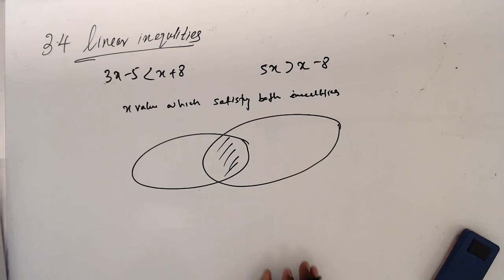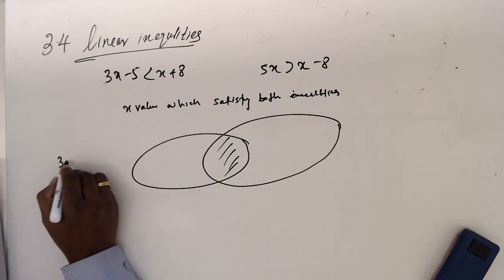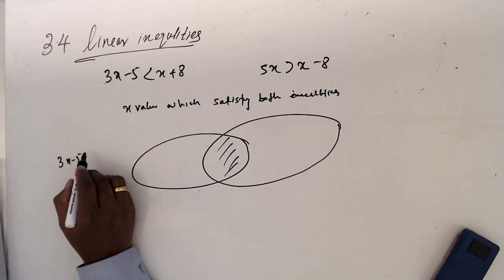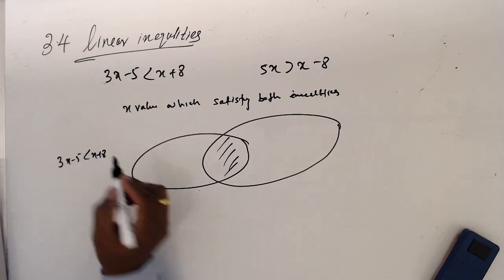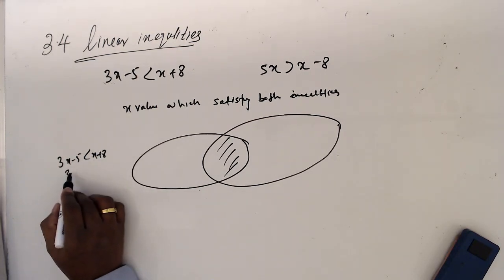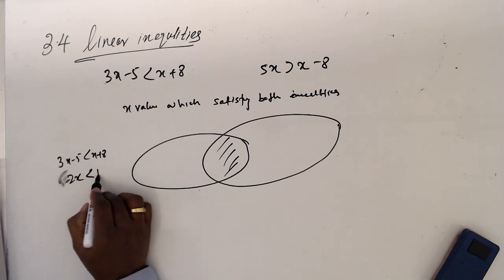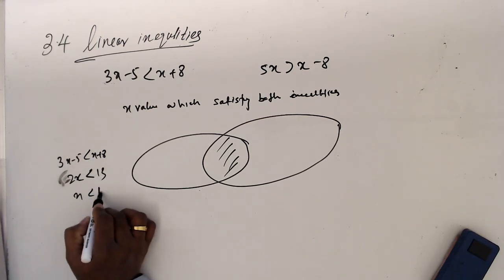So this is the plan. We know a very small trick to simplify this one: 3x minus 5 less than x plus 8, so 2x less than 13, x less than 6.5.